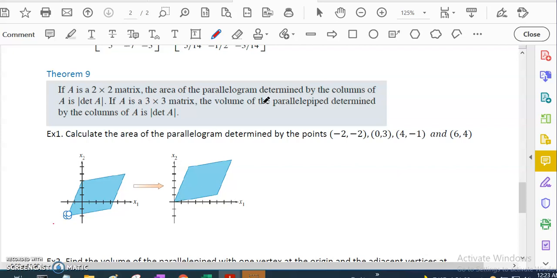Continue with talking about how to find the area of a parallelogram if you are given vertices. In this question, we have 4 points, and we want to find the area.